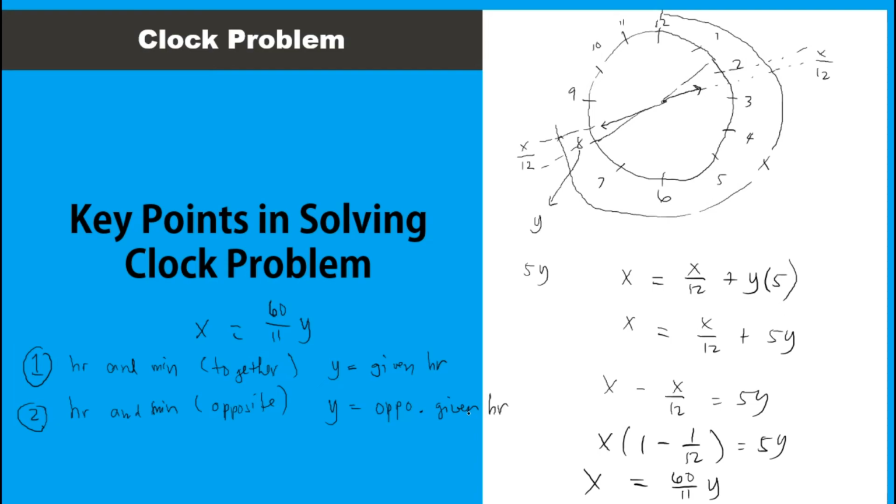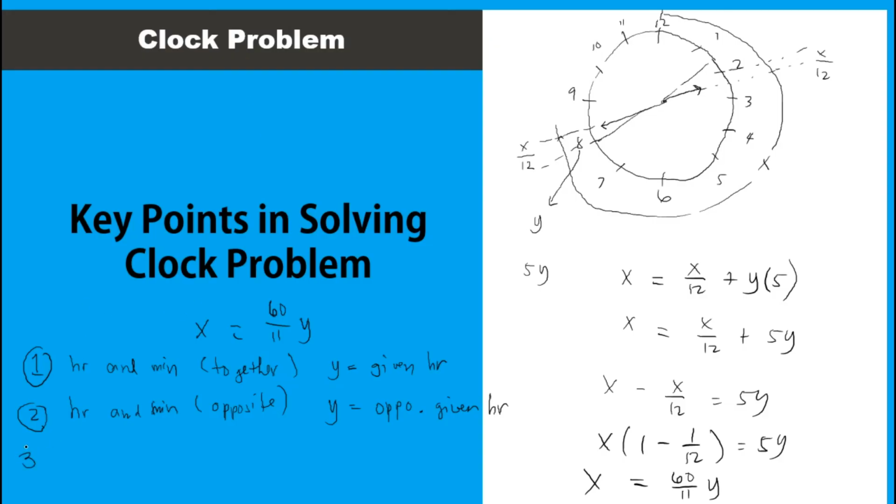So if you have 2 o'clock, so how many minutes after 2 o'clock will the hands of the clock be opposite to each other? So if you have 2, you need to count 6 intervals from 2. So you have 2, 3, 4, 5, 6, 7, 8. So 8 is the opposite of 2.